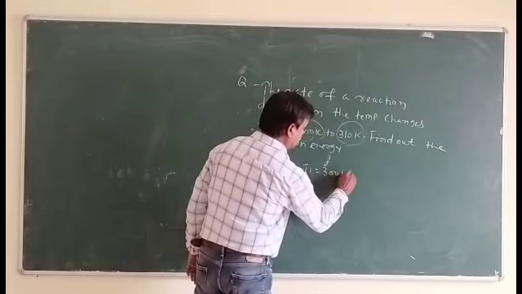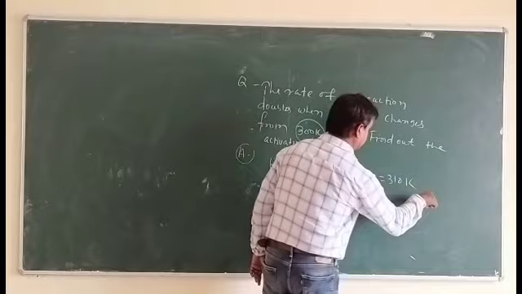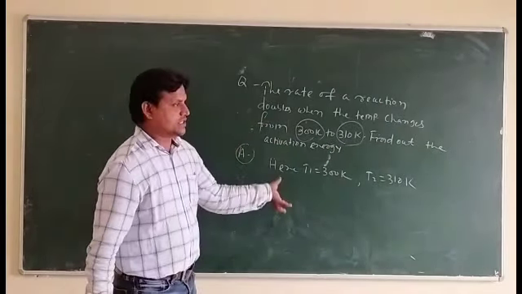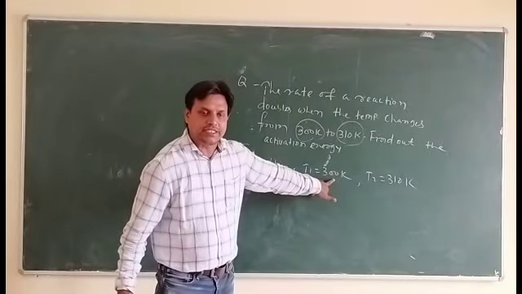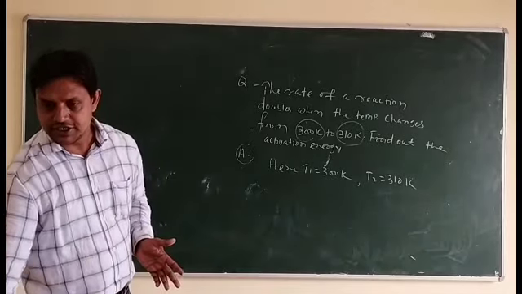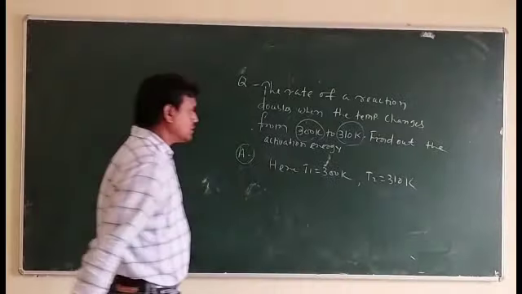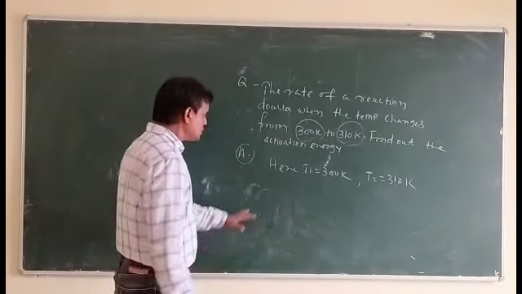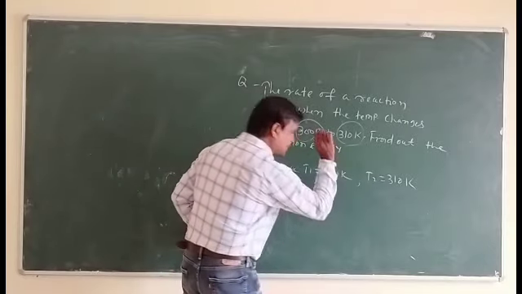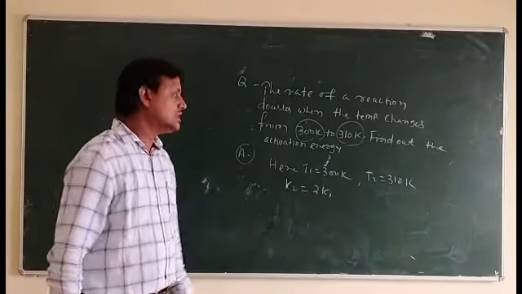By increasing the temperature by 10 Kelvin, the rate constant doubles. Rate constant is double means K2 equals 2K1.